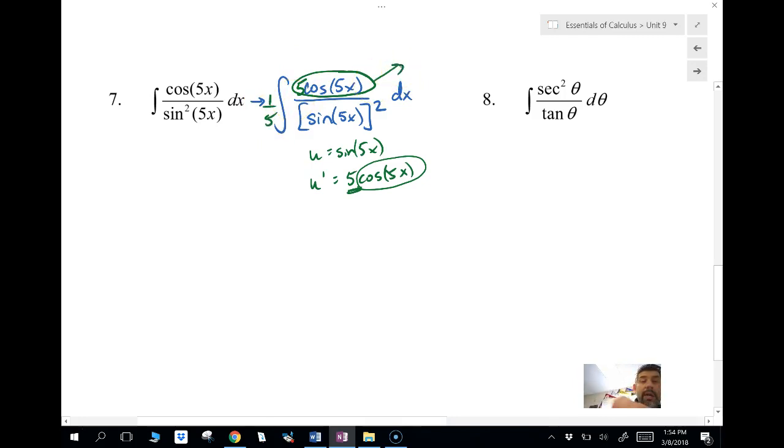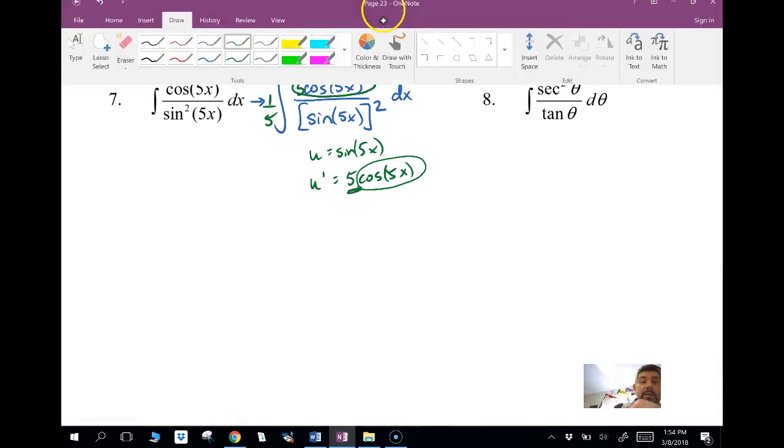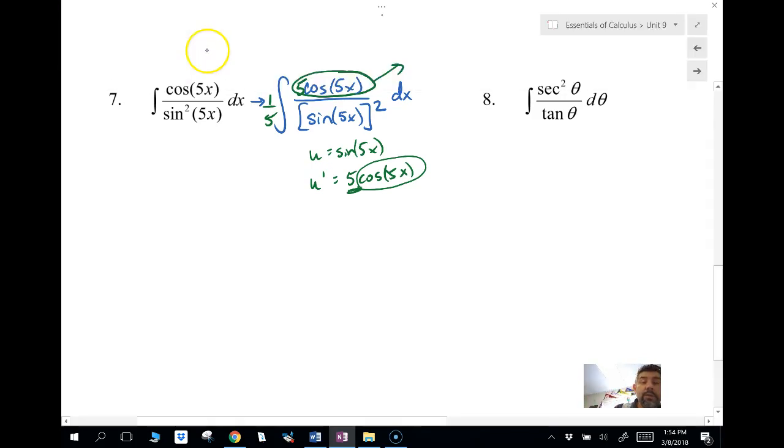So really what we're looking at here is 1/5 times 5 cosine 5x, which is my hook, times sine of 5x to the negative second power. I'm just going to bring this up to the negative second power.